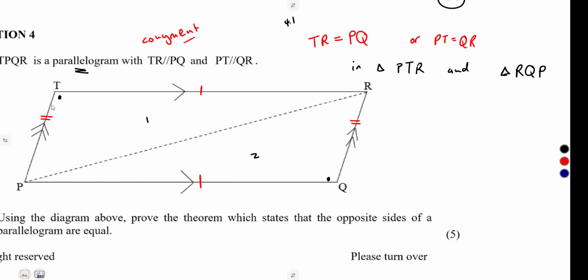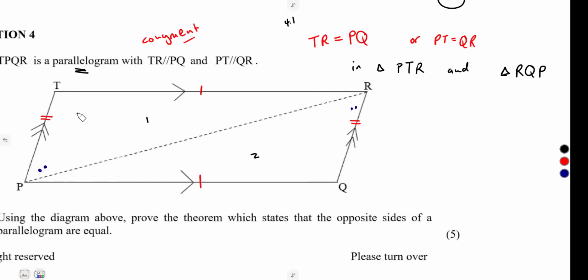Another part, TPR, this angle here, and PRQ, this angle here. We can consider that from the issue of our alternate angles where we form a Z from our parallel lines concept, all right? So let's start with that one, that we've got properties that we can have from parallel lines, all right?